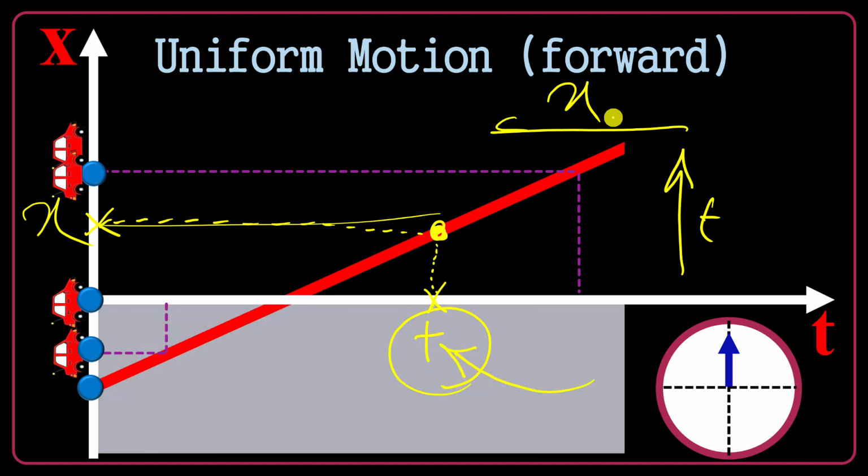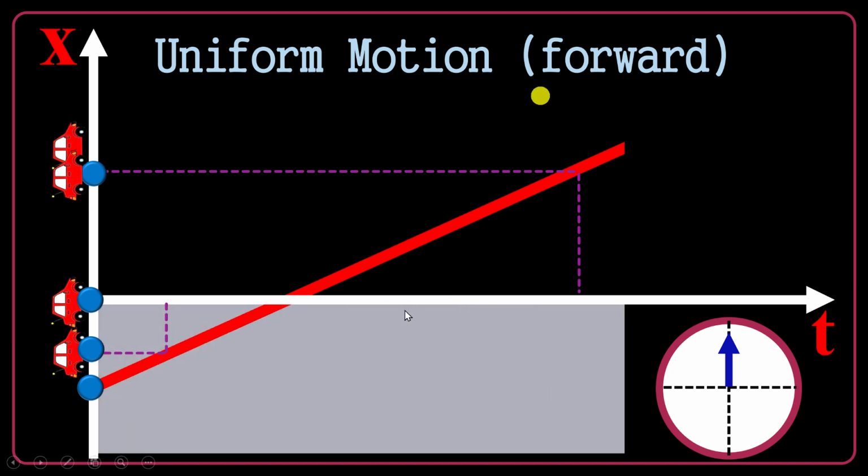Let's continue. Here I have something more for you. You know that for all the locations below the t-axis, I will have negative x, meaning the position of the object is negative. Pay attention, when I say the position is negative, it does not mean that the velocity is also negative. No, it is just the location.